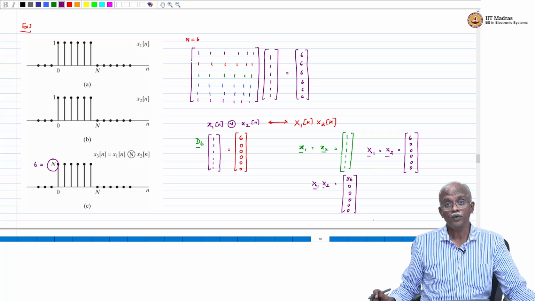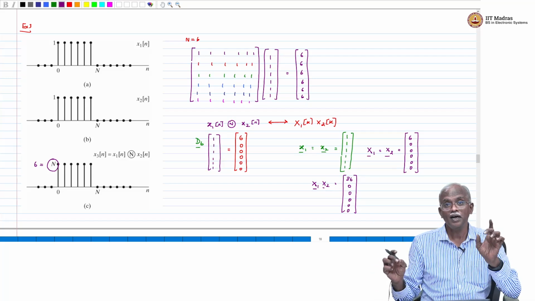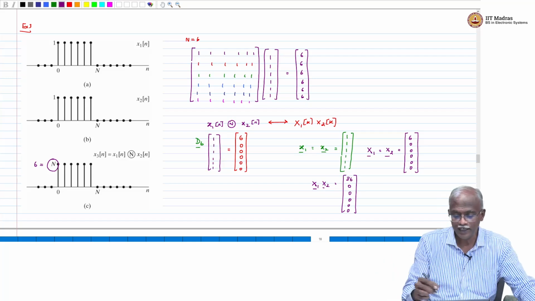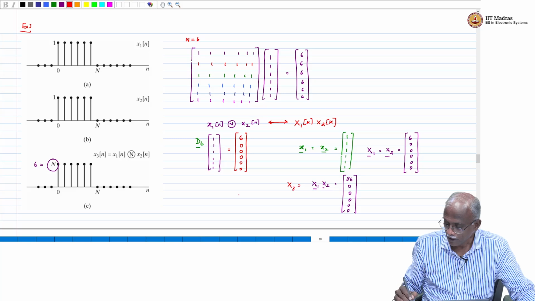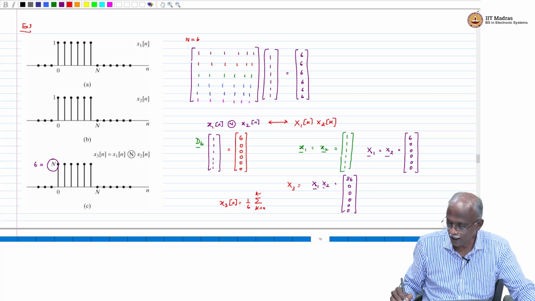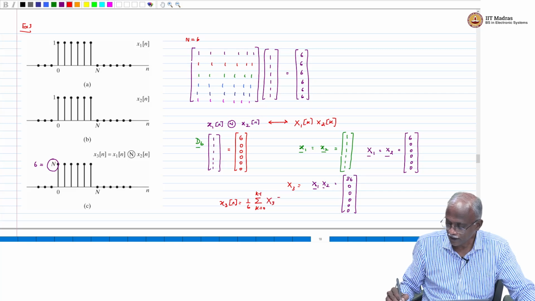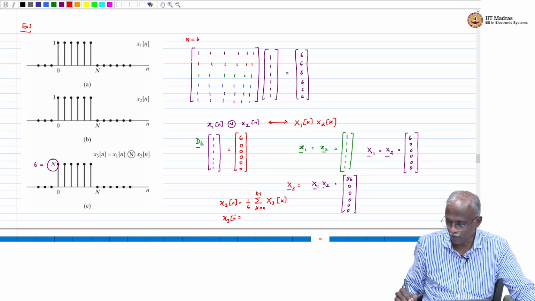Now, is this something that is correct? How do we verify? Let's call this x3. Then the corresponding time domain expression for x3 of n will be equal to 1 by 6 summation k equal to 0 through N minus 1 of x3 of k, multiplied by W_N to the power minus kn.